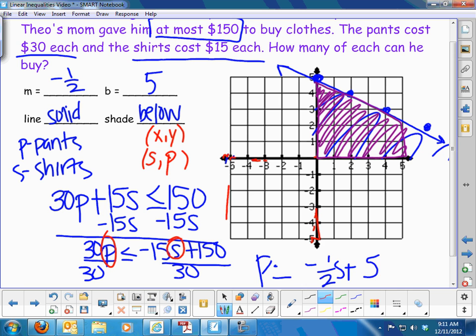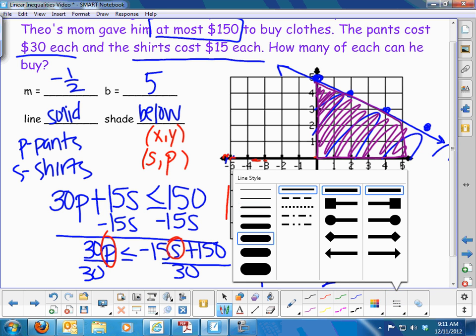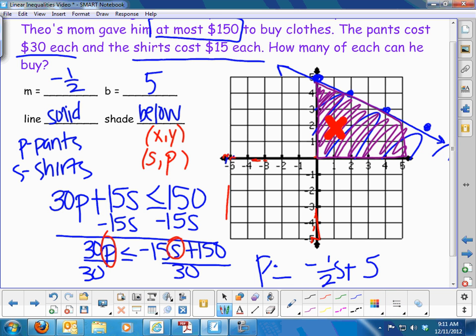For example, let's see this ordered pair right there. I could buy 1 shirt and 2 pants. I could buy 2 shirts and 0 pants. I could buy 4 shirts and 2 pants. Any of these whole number solutions would work because we can't buy fractions of pants or shirts.